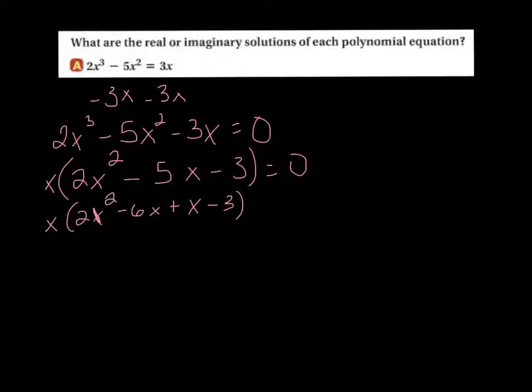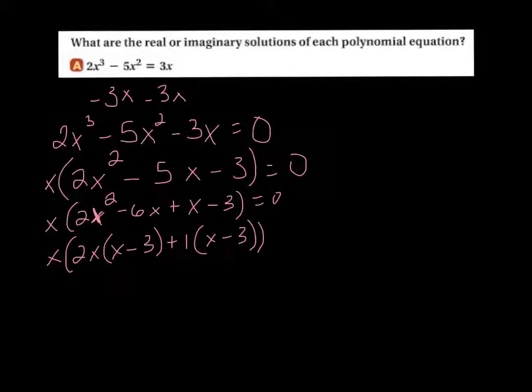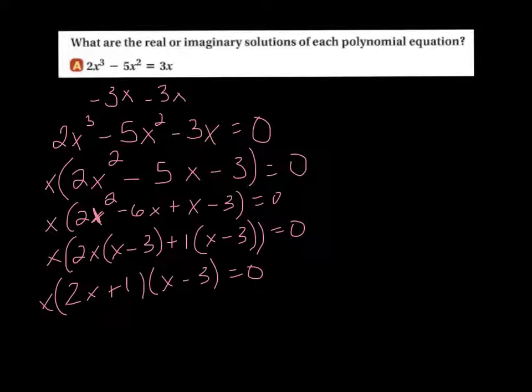Factor out 2x, leaving x minus 3, still an x out front, plus 1 times x minus 3, and the parentheses for the whole thing: x times 2x plus 1 times x minus 3. Okay, let me double check my math real quick. Okay, we're good to go.